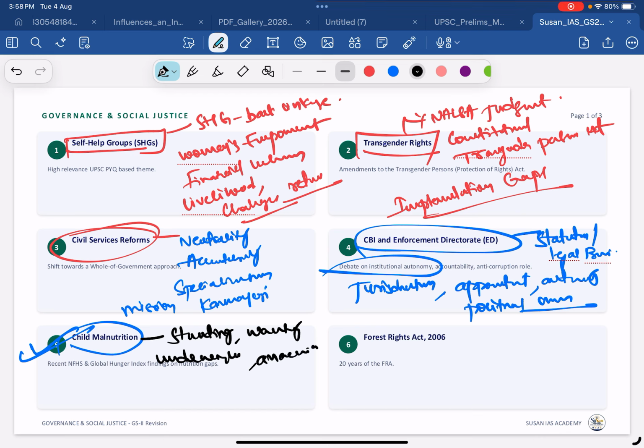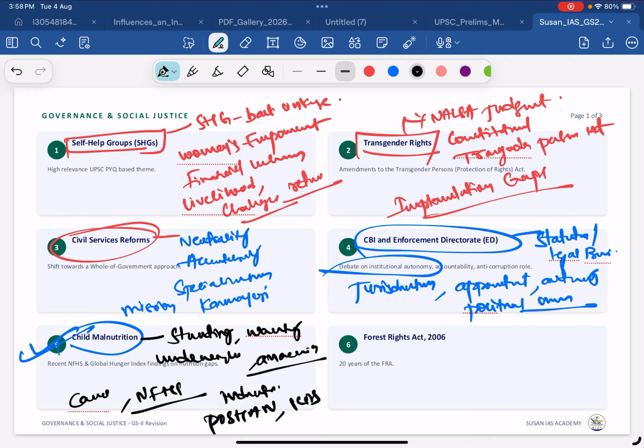There were many articles on anemia as well, and its causes, National Family Health Survey indicators, and you can quote Poshan, ICDS, PM Poshan, and multi-sectoral solutions. One has to quote these in your child malnutrition answers, right?